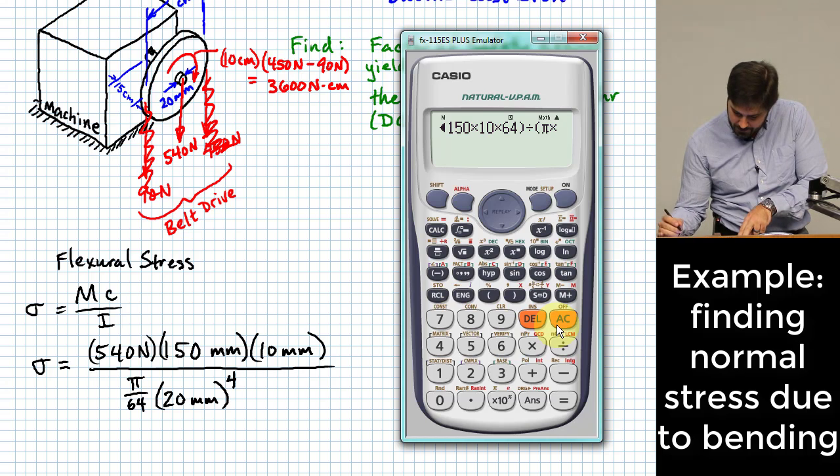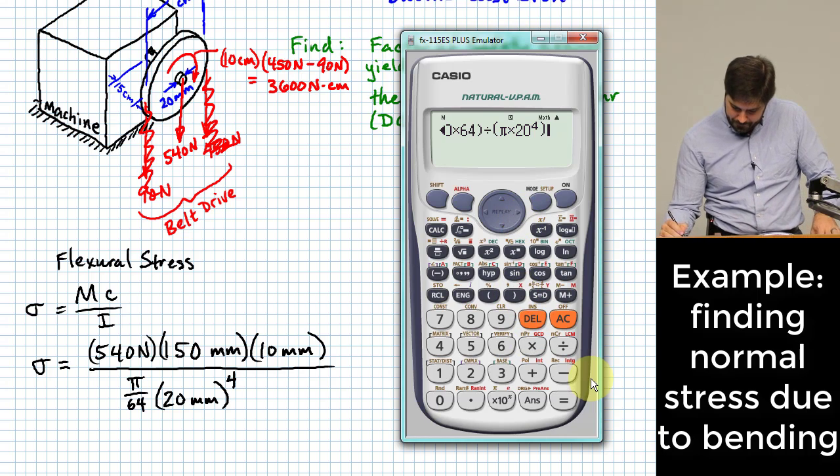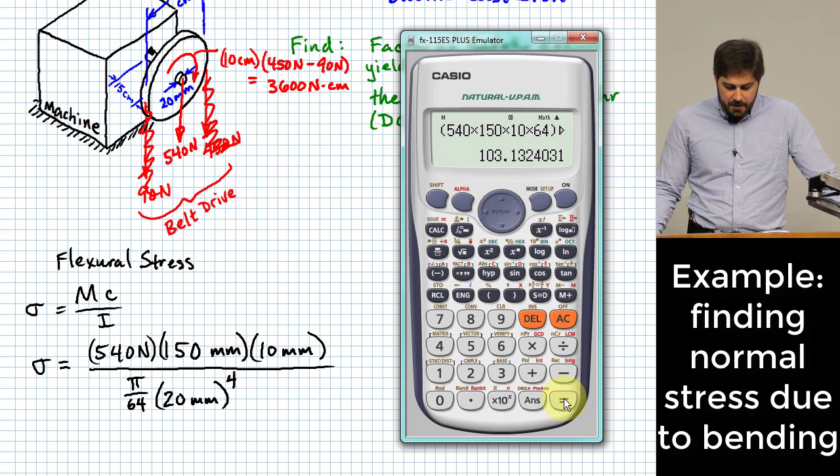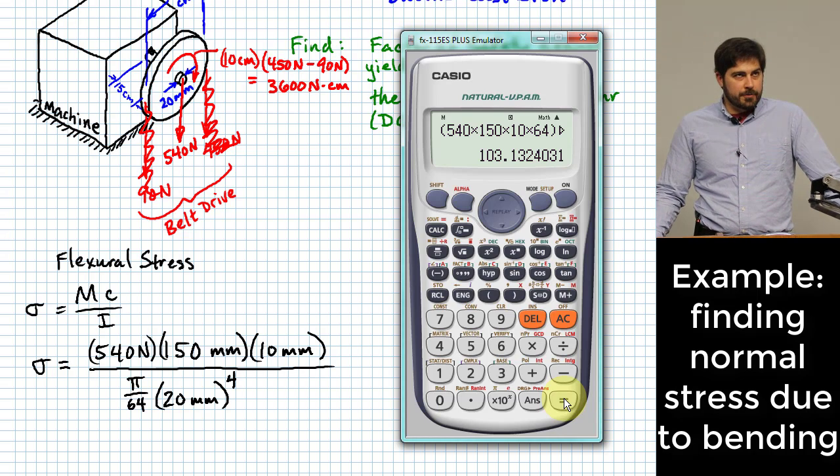So I punch all this stuff in. And I'll make the comment again here. If you ever end up with units of newtons per square millimeter, that will translate into megapascals.